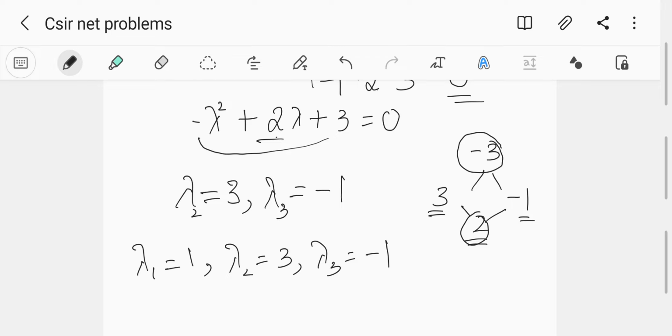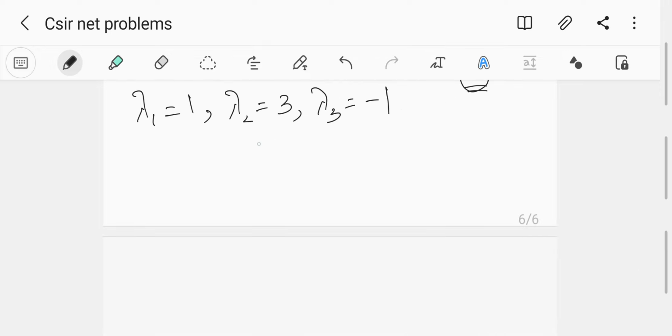Since it is a 3 cross 3 matrix, you have to have 3 eigenvalues. Since the characteristic polynomial is of order 3, you have 3 eigenvalues for a 3 cross 3 matrix, and all these eigenvalues are real and distinct. So therefore, they can be written in the diagonal entries of the matrix. So therefore, what has to be the diagonal matrix?